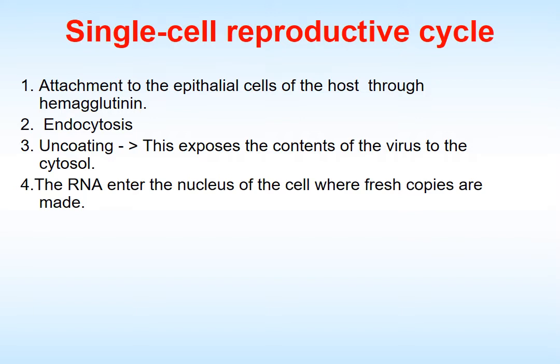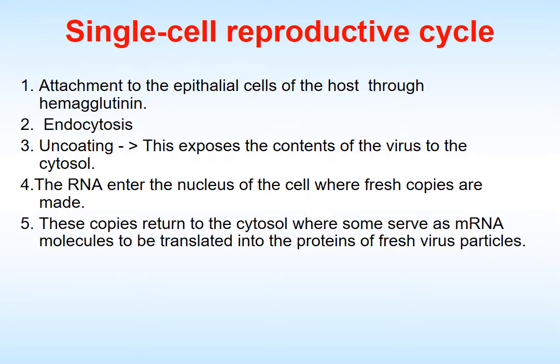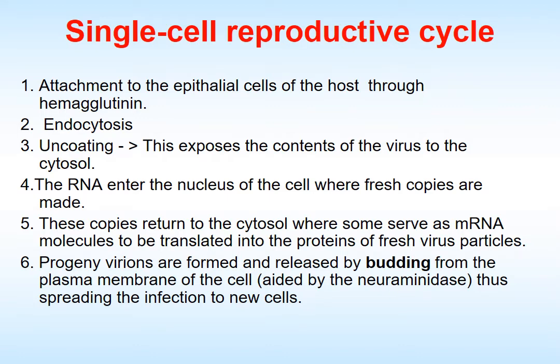The RNA then enters the nucleus of the cell where fresh copies are made, and these copies return to the cytosol where some serve as messenger RNA molecules to be translated into proteins of fresh virus particles. Progeny virions are formed and released by budding from the plasma membrane of the cell, aided by neuraminidase, to spread the infection to new cells.